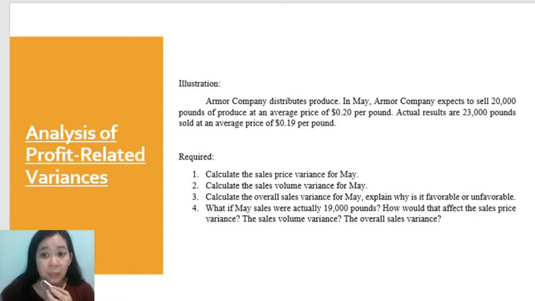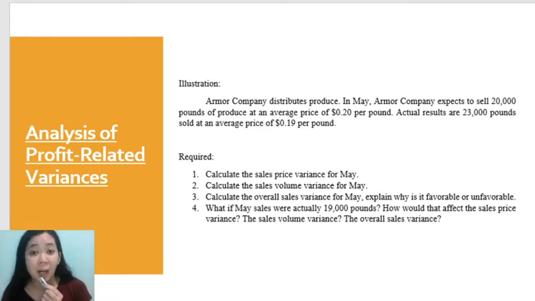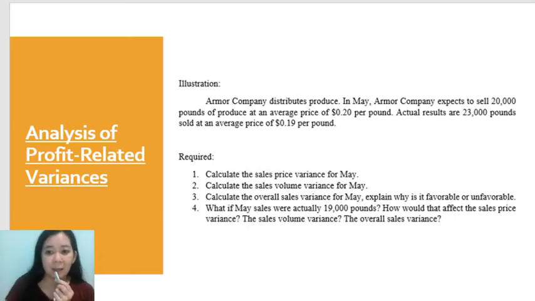The actual result is 23,000 pounds, sold at an average price of $0.19 per pound. The requirements are the following. Number one, calculate the sales price variance for the month. Number two, calculate the sales volume variance. Number three, calculate the overall sales variance and explain why it is favorable or unfavorable. Number four, what if May sales were actually 19,000? How would that affect the sales price variance, the sales volume variance, and the overall sales variance?